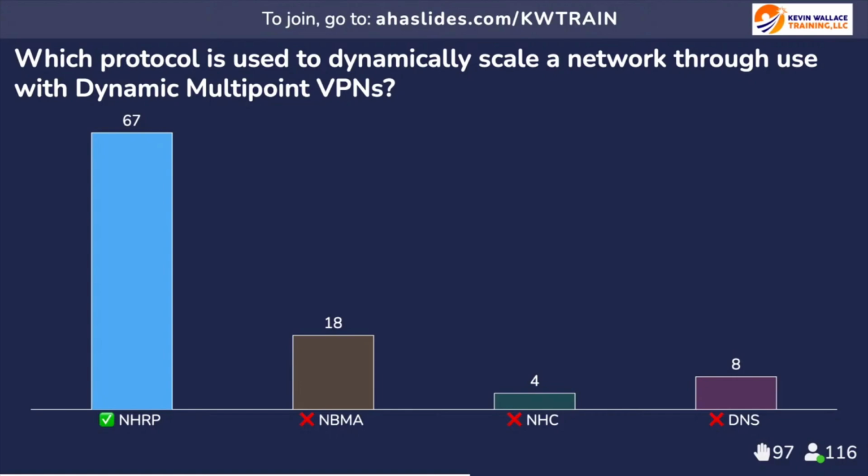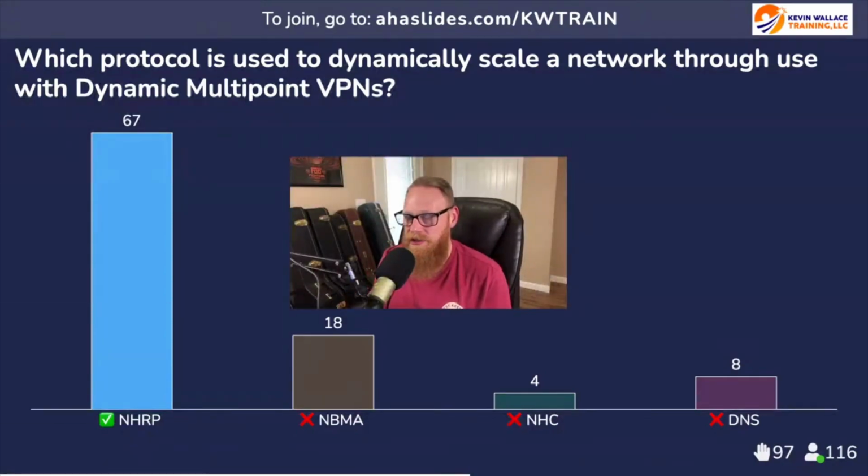The correct answer is, of course, NHRP, the Next Hop Resolution Protocol. So I think of this as functionally similar to how DNS works. This is kind of like an ARP-like protocol, if you will, and it's going to allow DMVPN spokes to directly communicate with one another. So this also is a client-server model.